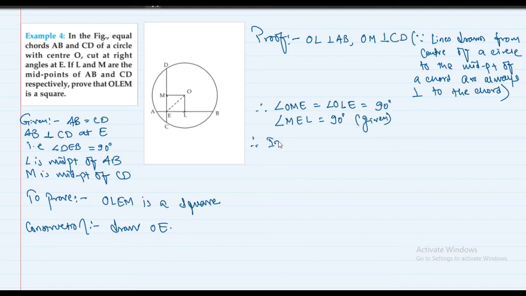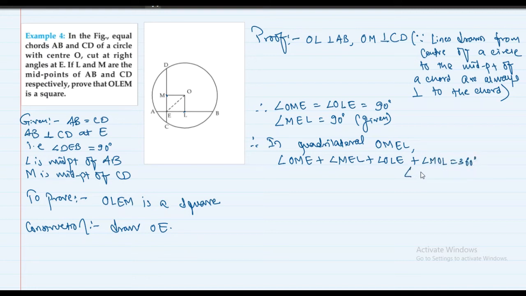Therefore, in quadrilateral OMEL, angle OME plus angle MEL plus angle OLE plus angle MOL is equal to 360 degrees.